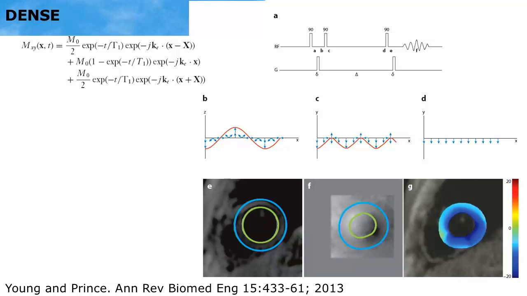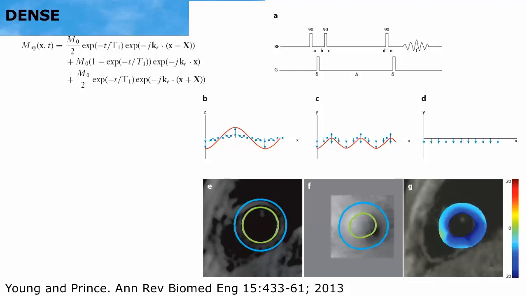This pulse sequence is due to a paper from Fred Epstein and colleagues called cine DENSE, in which there is an initial tagging preparation sequence, but then another 90 and a decode gradient here, which is reading out the displacement magnetization.